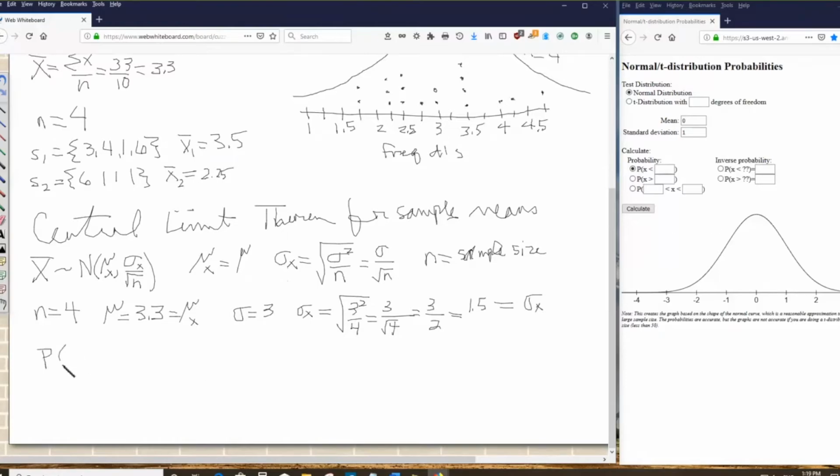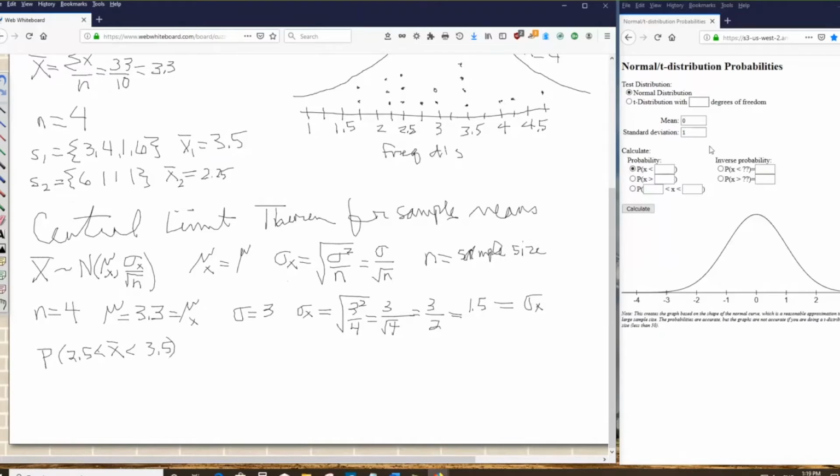So let's say I wanted to find the probability that my x is between 2.5 and 3.5.